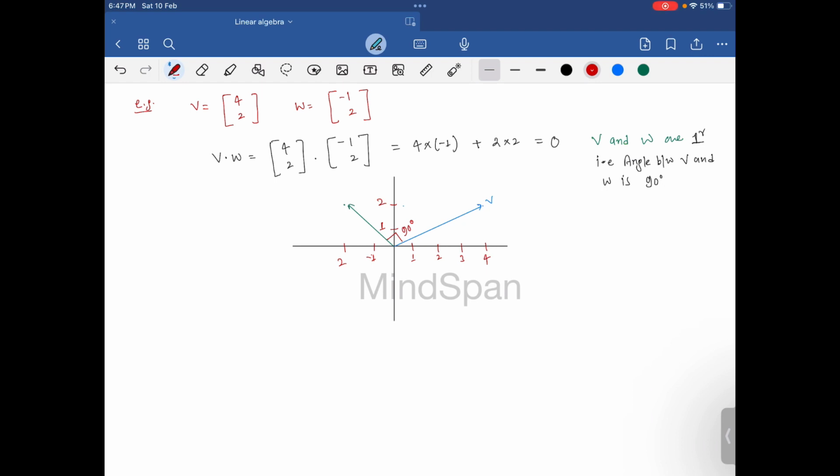So if we take the dot product between two vectors and we get 0, that tells us that v and w are at a 90 degree angle.